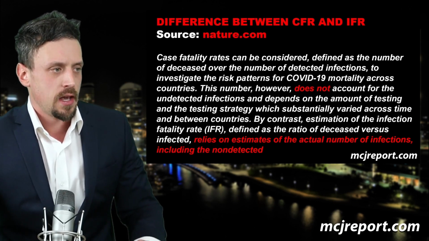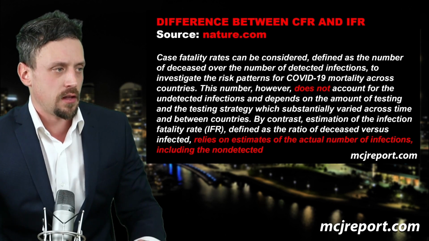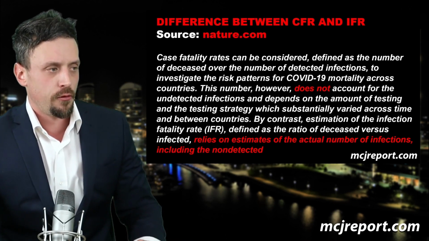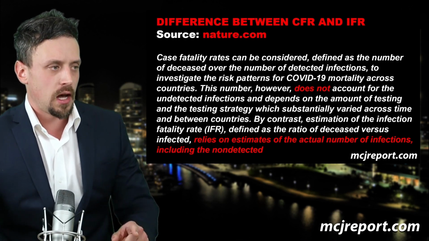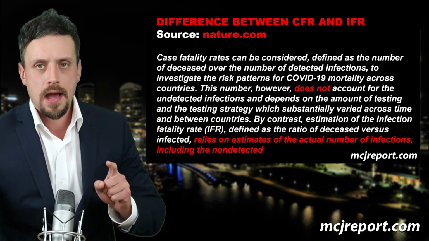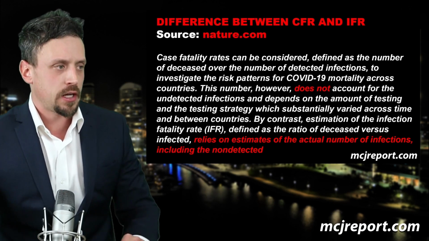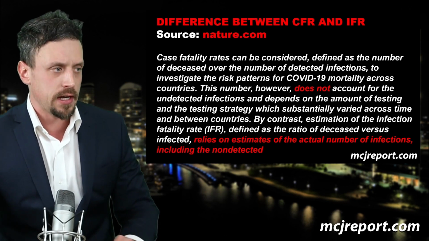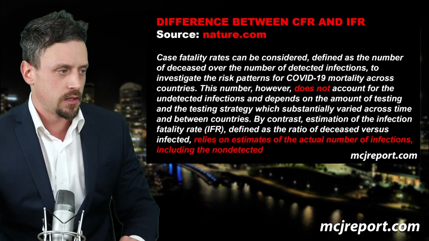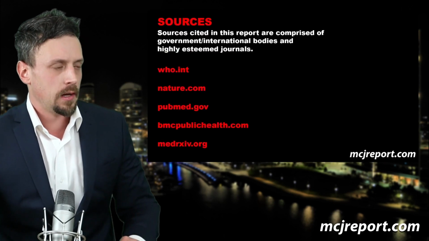By contrast, estimation of the infection fatality rate, IFR, defined as the ratio of deceased versus infected, relies on estimates of the actual number of infections, including the non-detected. So I hope that all makes sense there.